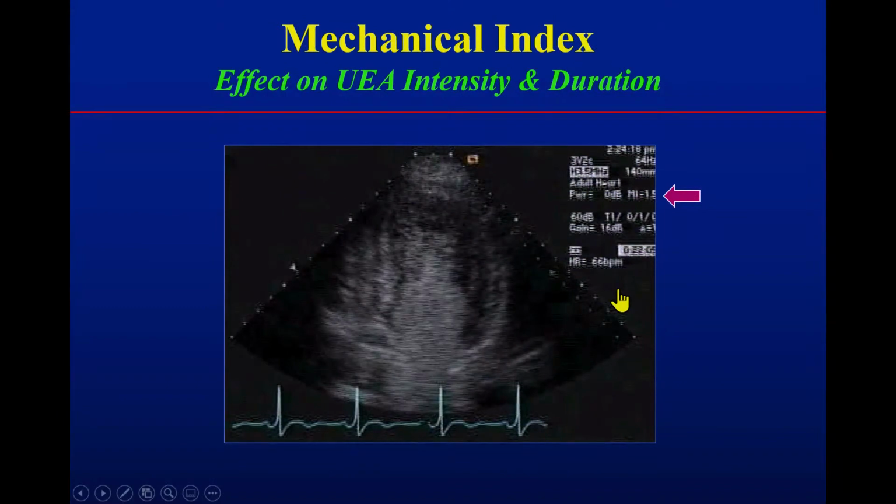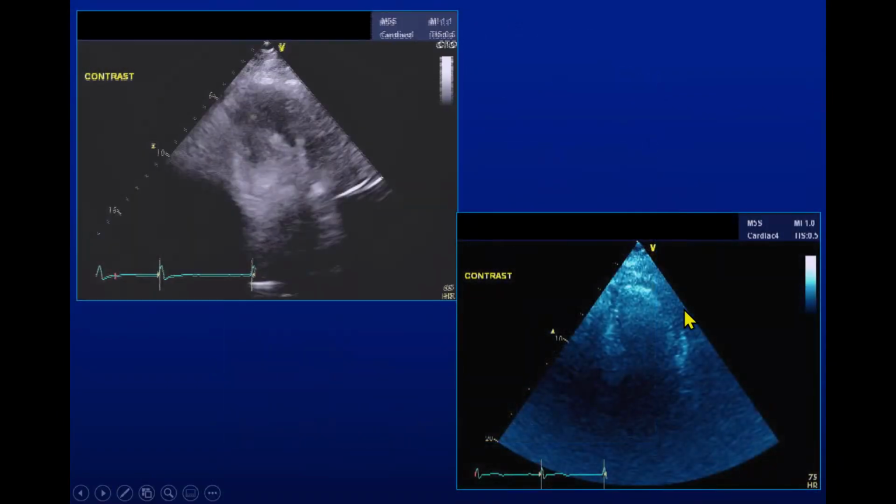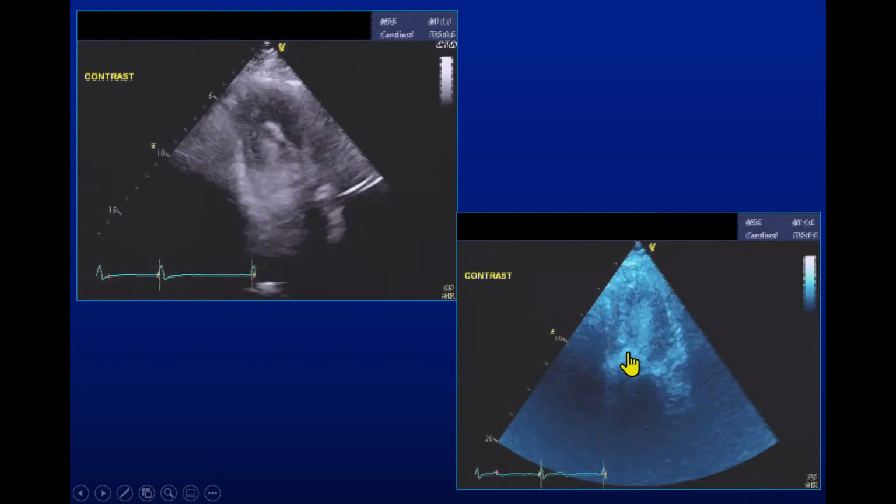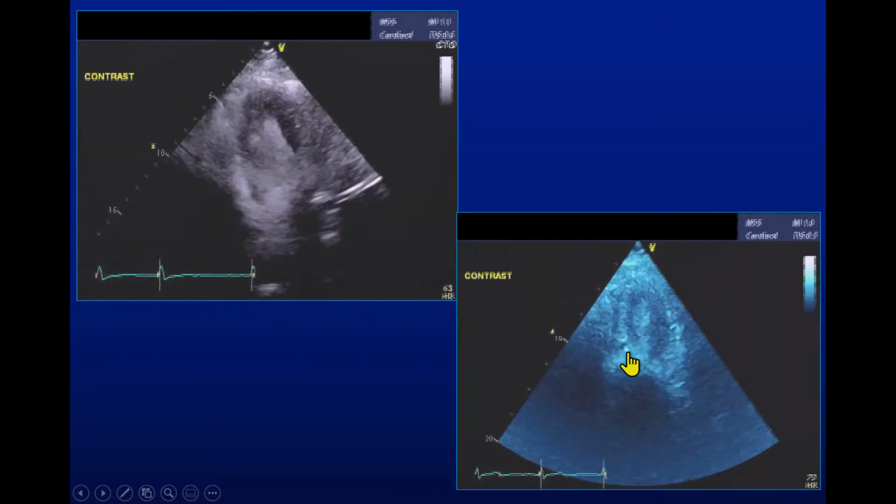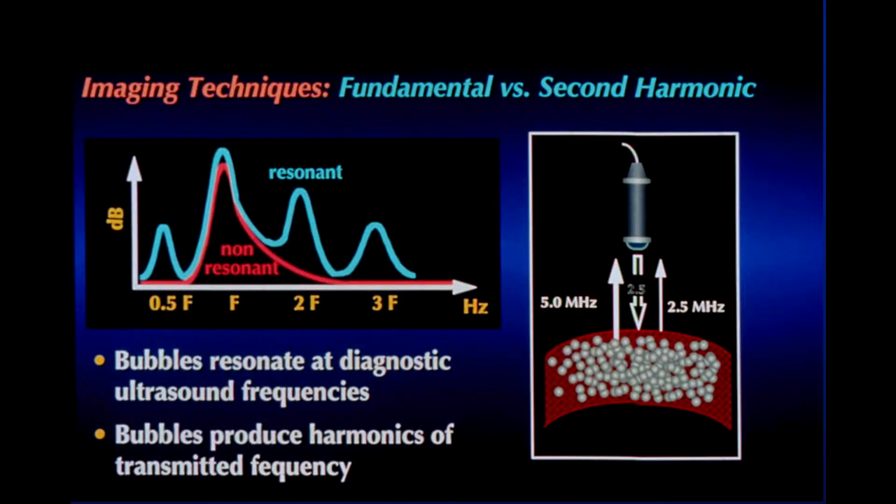Okay. So next, what we're going to show are some nice examples of contrast enhancement, and you could see it very nicely here. The other thing to keep in mind is when we talk about harmonic imaging. Interestingly enough, harmonic imaging, right, is you send at a fundamental frequency and you listen or record at multiples of those frequencies.